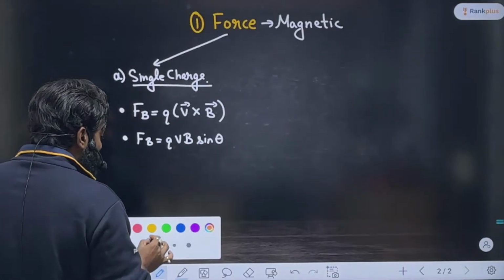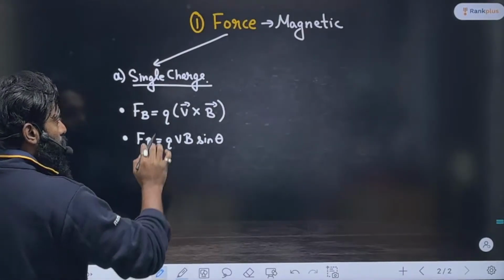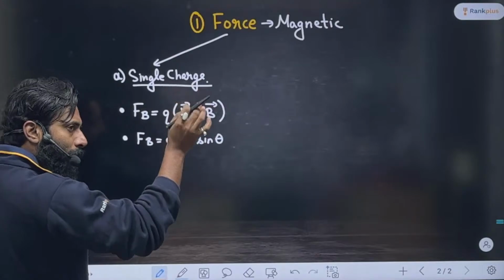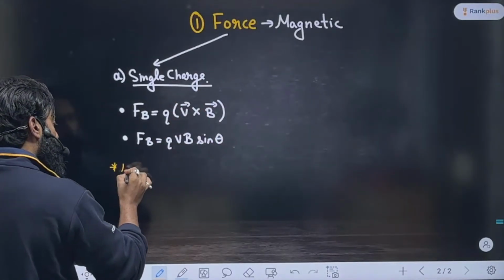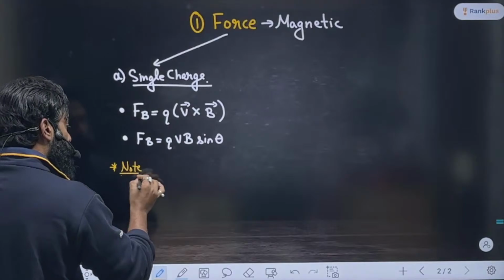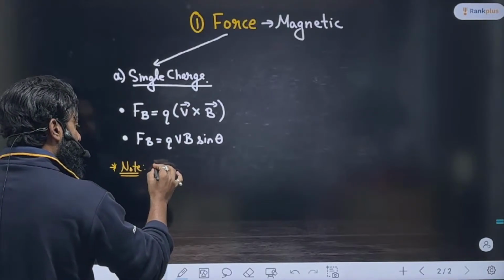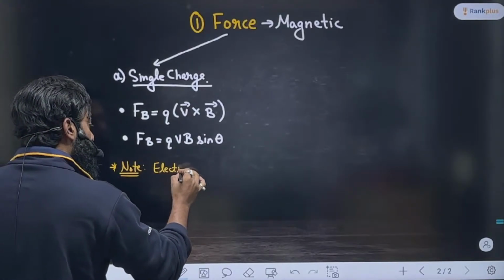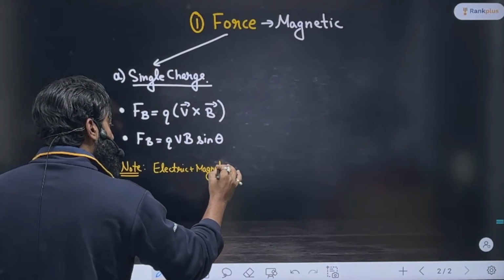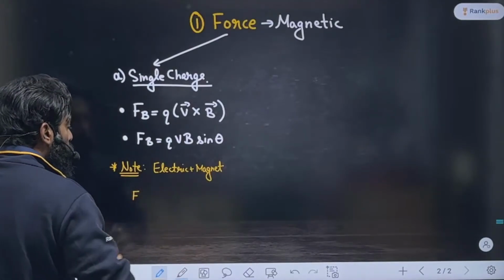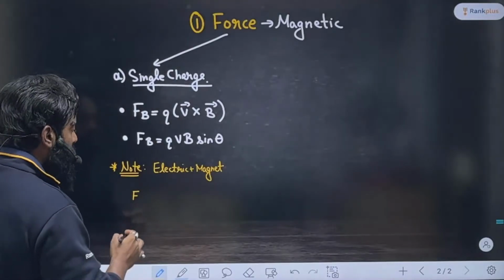But I can extend this formula if I have the magnetic field plus the electric field. So write down one note here. In case of electric plus magnetic field, there is a special force which we have to calculate. That force is known as Lorentz force.